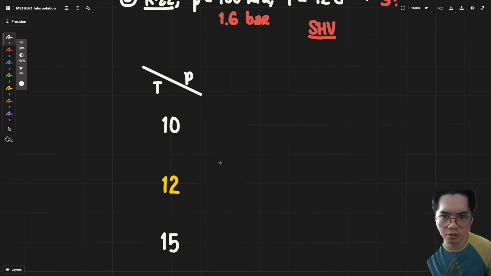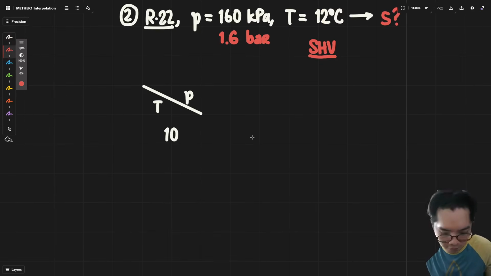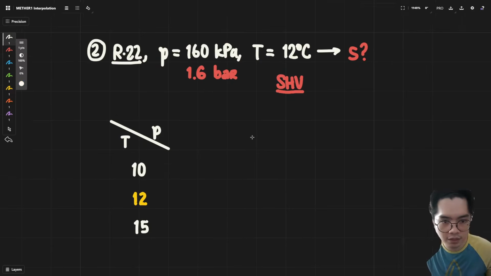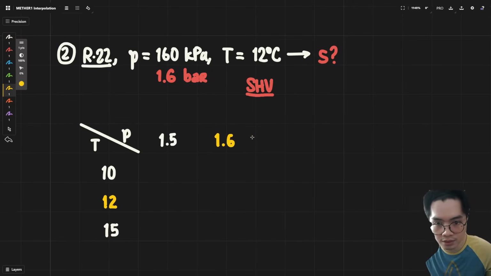Or sorry, we're just looking for S. So no, sorry, it doesn't have to be very large. 10, 12, and then 15. In here, we want a pressure of 1.5, 1.6 is the one we want. Oops. 1.6 and then 2 bar.